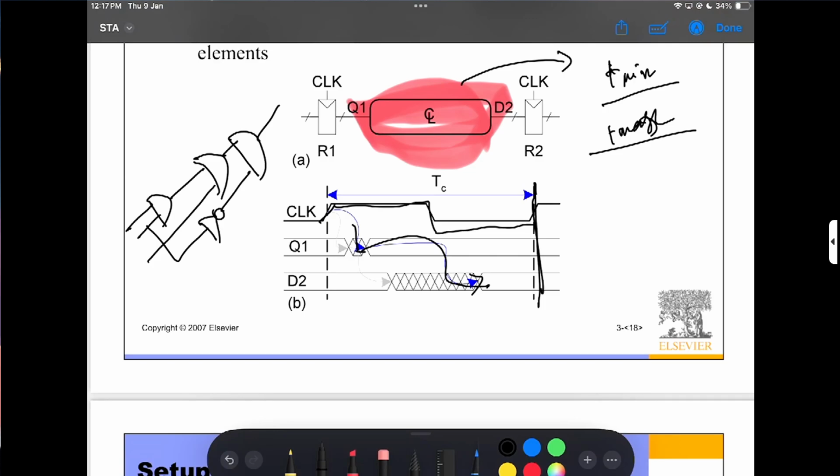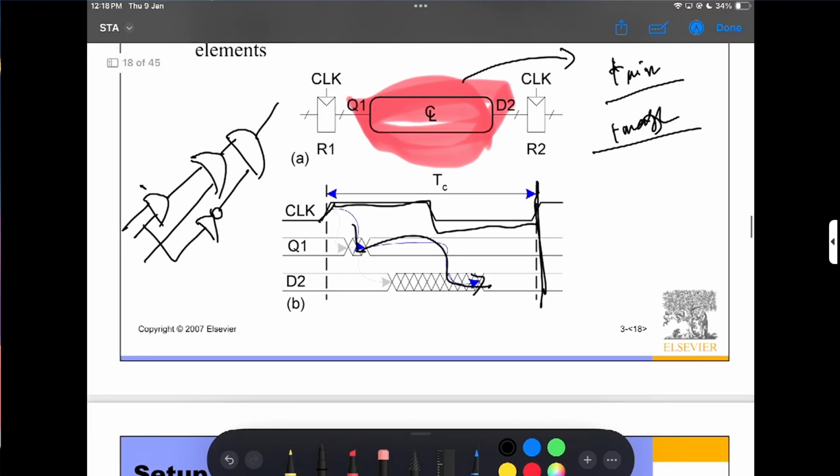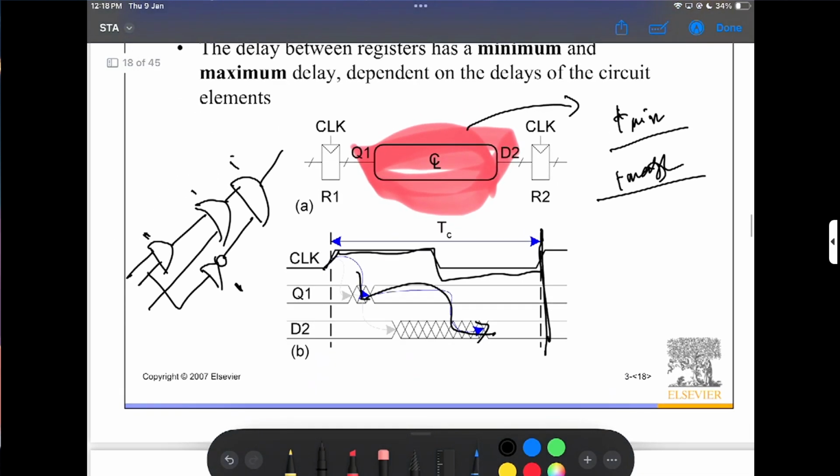Suppose each gate has one clock unit of delay. Here to here is one, here to here one, here to here one, so three. But on the other path, here to here is one, and here to here one, so two. So two seconds are required, right? That's the problem.